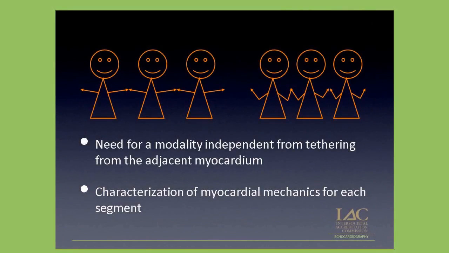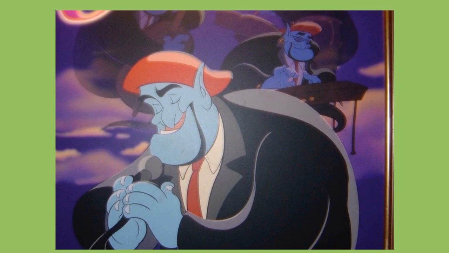So then what we need is a modality that will be independent from tethering, one that will get rid of that problem for us, one that will allow us to do characterization of myocardial mechanics for each of the segments, again, independent from tethering. The problem is that when all of you hear the word strain imaging, it sounds like you need to be a genius to understand that concept.